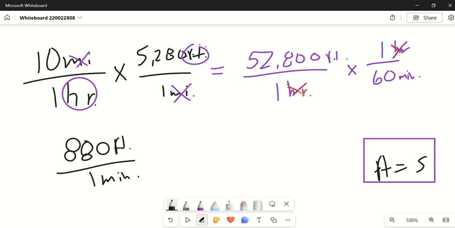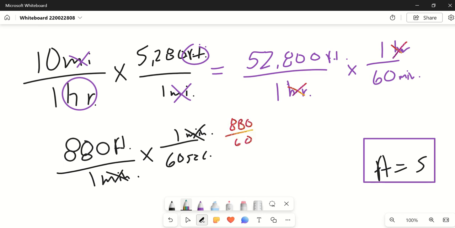Now I need to find out my seconds. So again, I'm going to multiply it across, but 1 will be on top because I want to find out how much they run per second. This is minutes, which means the minutes will cross out, and there are 60 seconds per minute. This will give me 880 divided by 60. 880 over 60, which I should have written over here is 52,800 over 60.